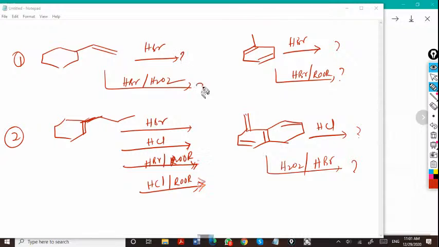Try to work them out and send them in the group. The rest will be discussed tomorrow.